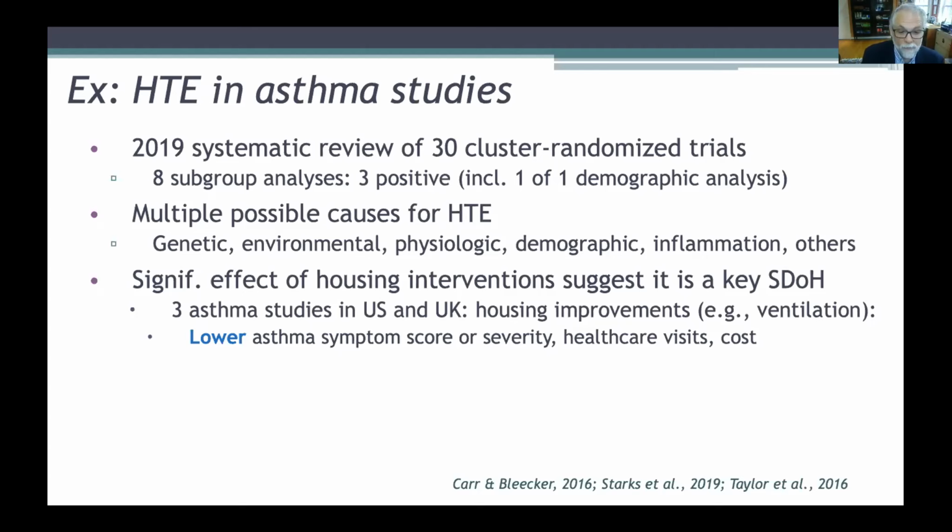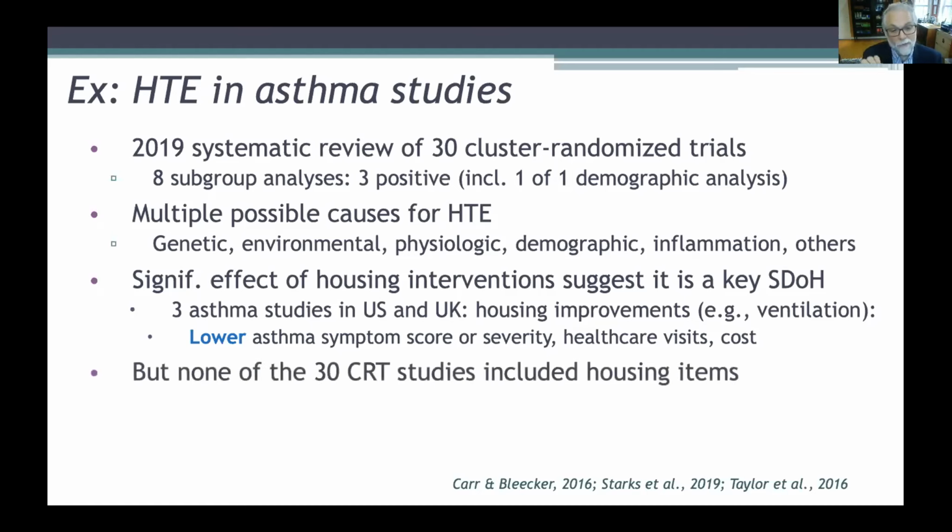And all of them found a significant improvement in one aspect of asthma health, either symptom score, severity, cost, healthcare visit, from the housing interventions. Next click, please. However, none of the 30 studies that focused on pulmonary health included anything on housing.